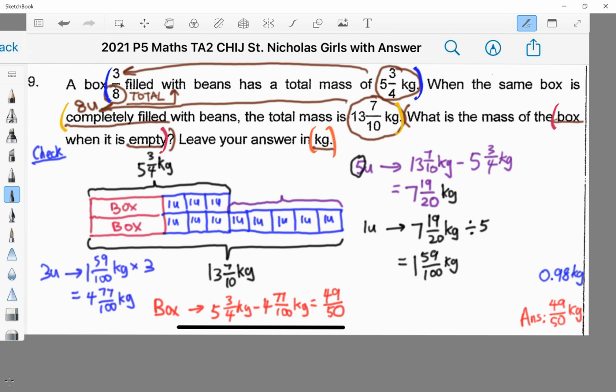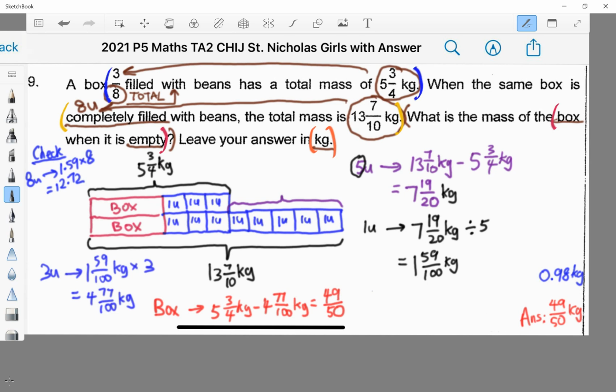So earlier on in the question, we found out that 1 unit is 159 out of 100 kg. So to save the space, I will use decimals for my checking. 8 units, boys and girls, it has got to be 1.59 multiplied by 8. And what would that be? 1.59 multiplied by 8 is actually 12.72. Okay, 12.72. So once again, I would like to check.